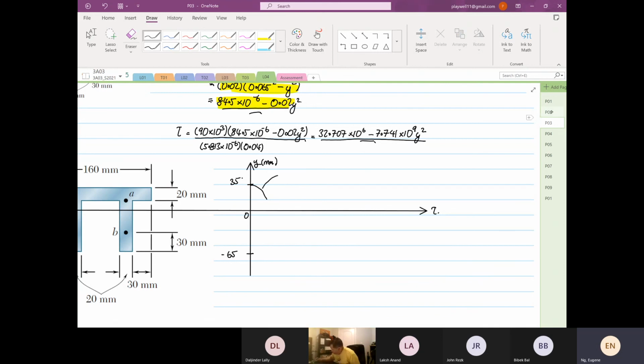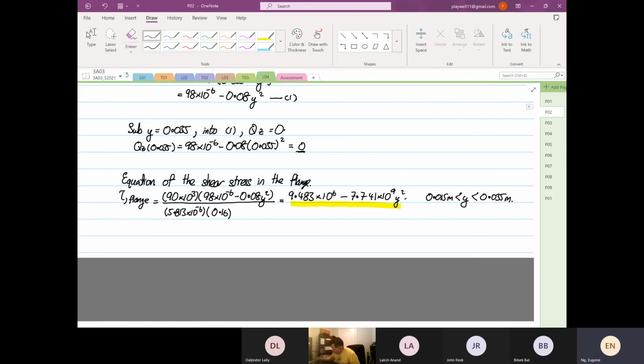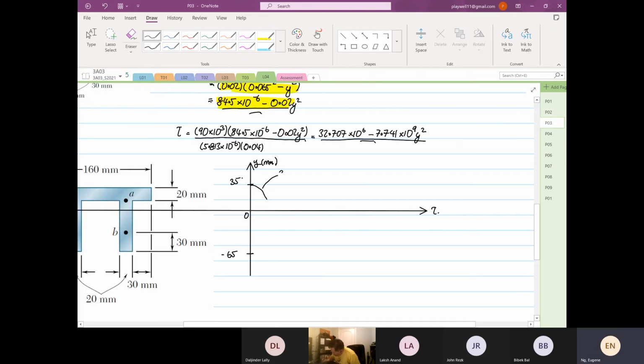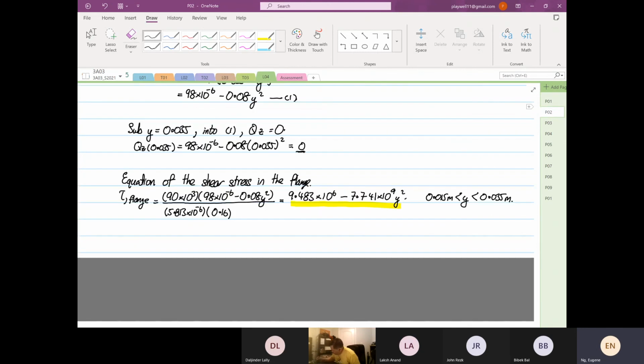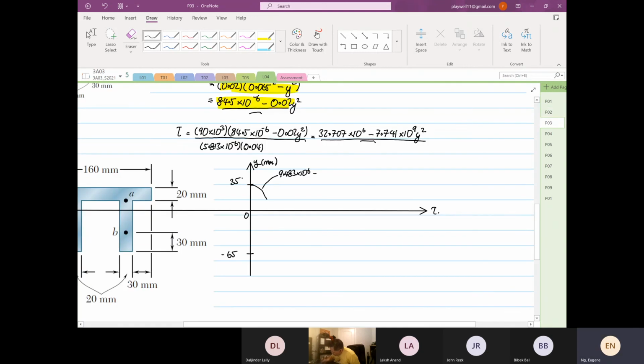So this will be equal to 9.483 times 10 to the power 6, and then minus 7.741 times 10 to the power minus 9 y squared.